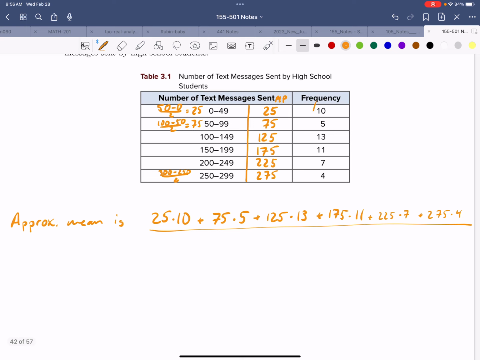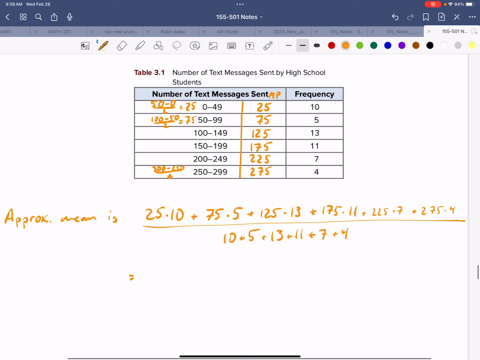That's the total frequency, right? That's this. So it's 10 plus 5 plus 13 plus 11 plus 7 plus 4. All right? And when we crunch all these numbers, it's a little nasty. I'd rather enter these in a calculator really quickly.